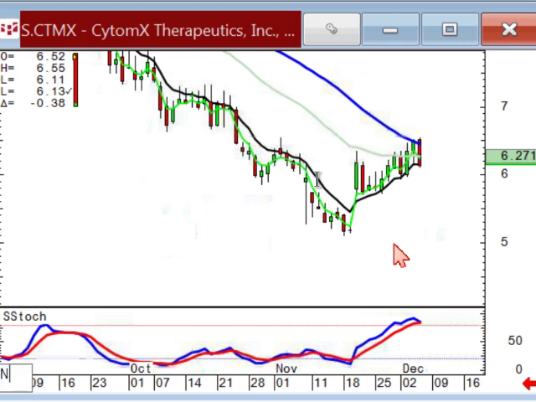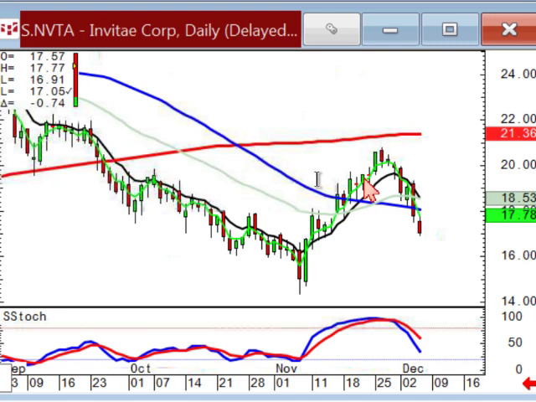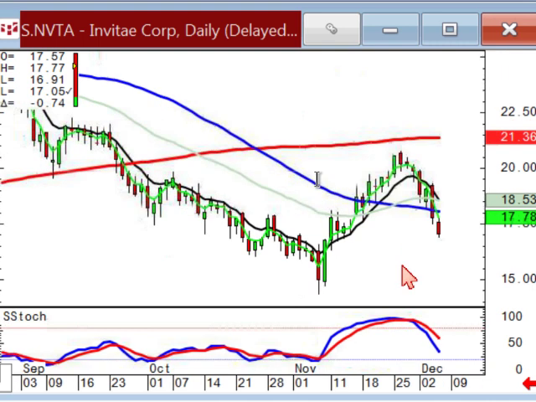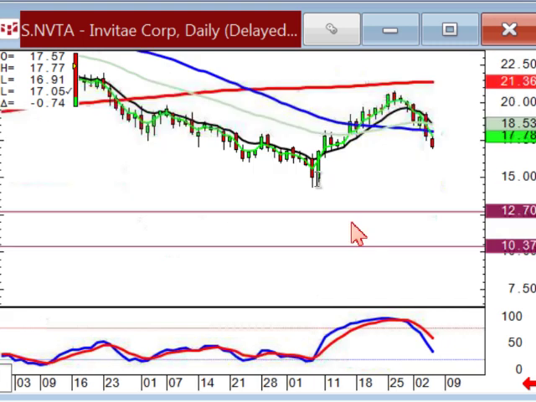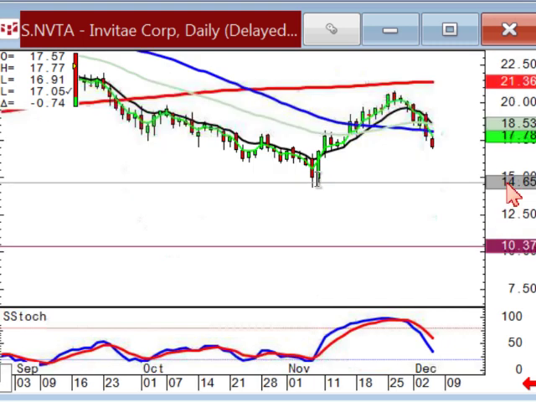And we recommended NTVA based upon the dark cloud and then the close back below the T-line, and it also was in a downtrend. So where do you think the next likely target is going to be? There's your first target. There's your second target. Now, will it get there?